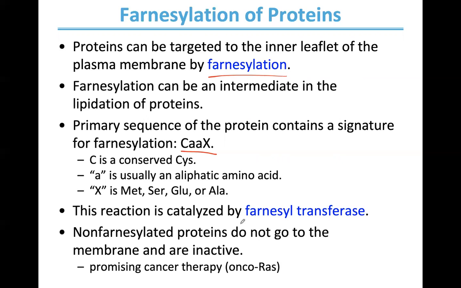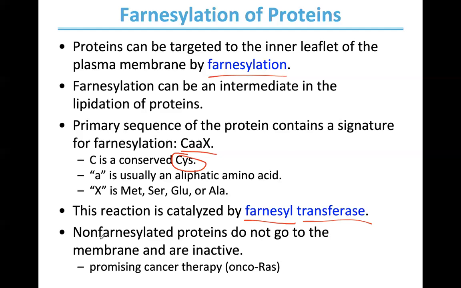The drugs which I was telling you about, many of them were developed against this particular enzyme, farnesyl transferase. Farnesyl transferase is the enzyme that will catalyze the attachment of the farnesyl tail to the cysteine residue on the protein.